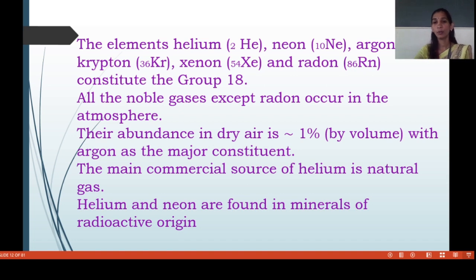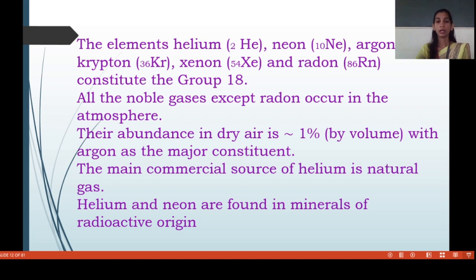These are all gases, present in the atmosphere in a free state: helium, neon, argon, krypton and xenon. Radon does not occur in the atmosphere. Their abundance in dry air is nearly 1% by volume, with argon as the major constituent. The main commercial source of helium is natural gas.